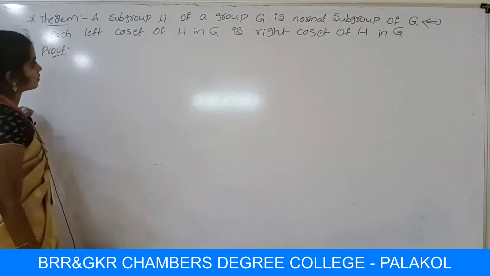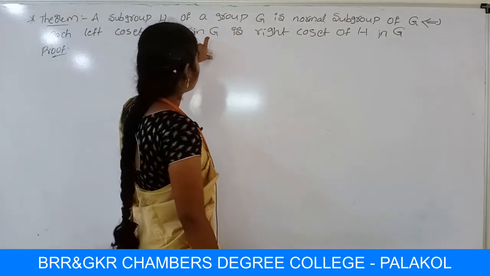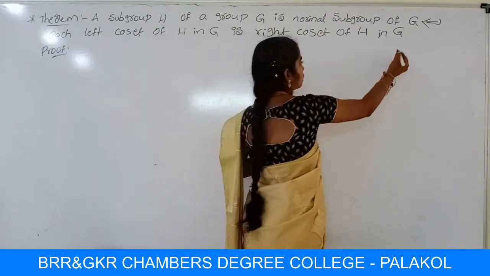So statement: a subgroup H of a group Z is a normal subgroup of Z. If and only if means this theorem has two parts.